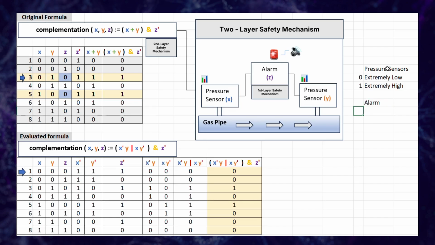If the alarm is 0, it means there's no alarm, no signal, no warning. If 1, it means it's active, there is a warning, or there is a signal to warn.